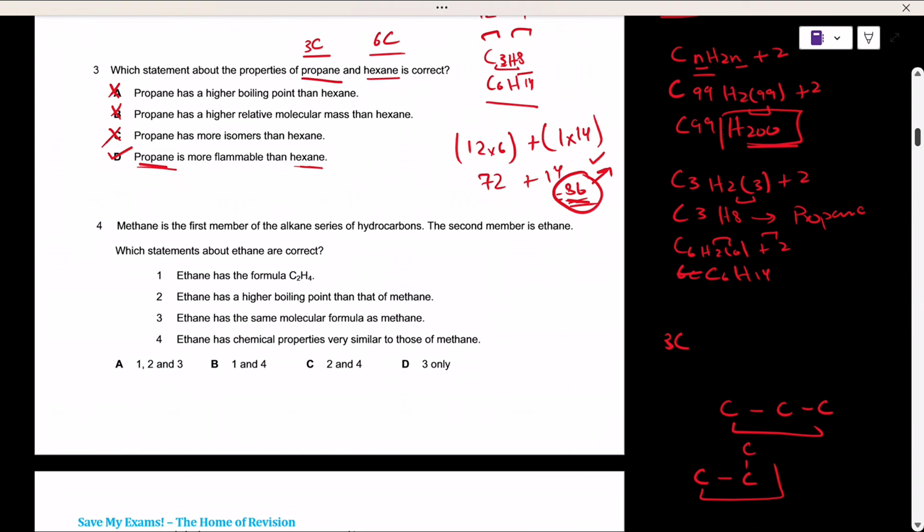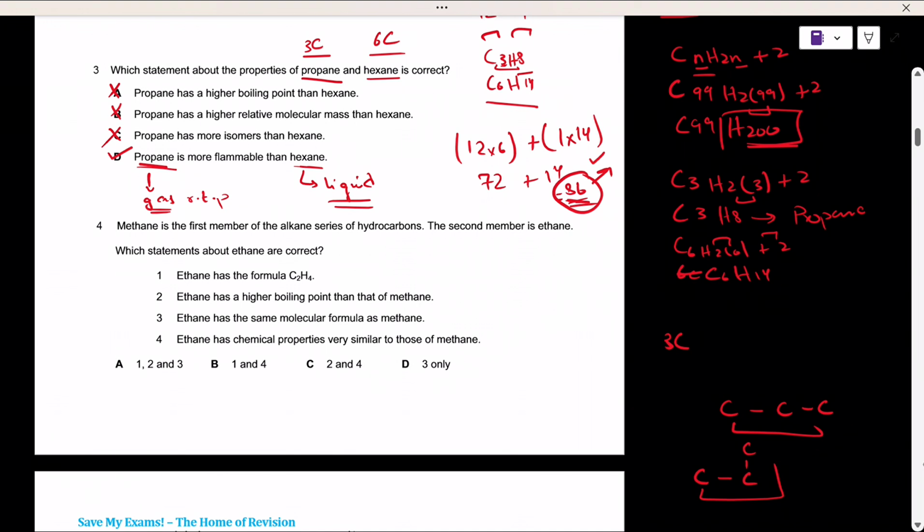If I talk about flammability, propane exists as a gas at room temperature, while hexane exists as a liquid. Liquid cannot be flammable, gas is flammable. When it reacts with oxygen, it gives out fire. So that is how it is more flammable.